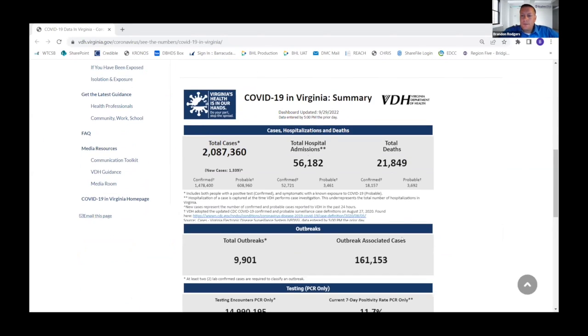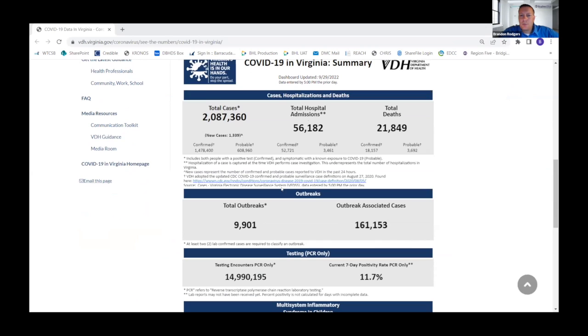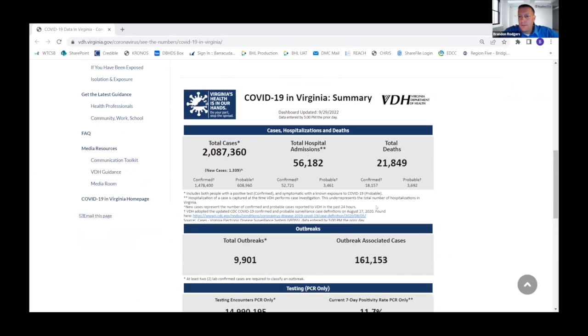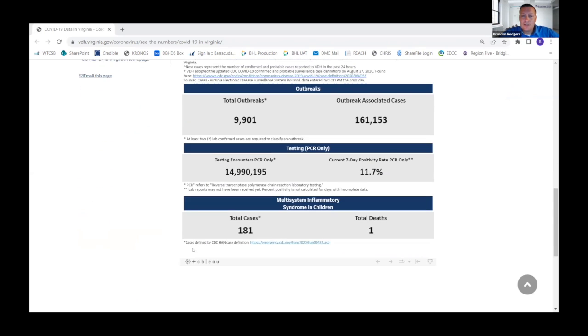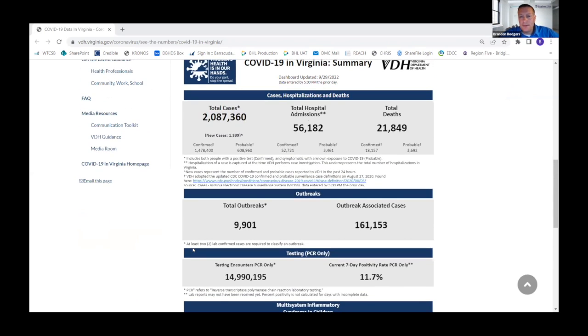And so these COVID-19 dashboards that were put out by the Virginia Department of Health were really important ways to communicate to the public and to business operators and to healthcare organizations how to prepare for surges in cases and other information. They helped you understand how much the spread was going on in the community.